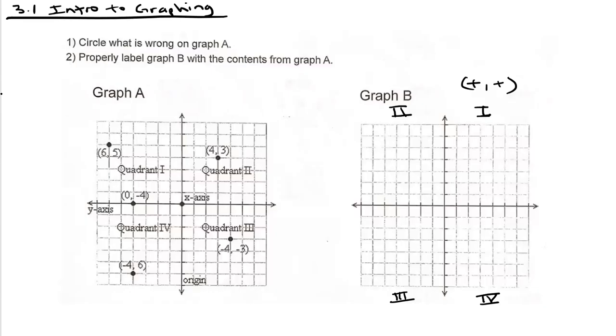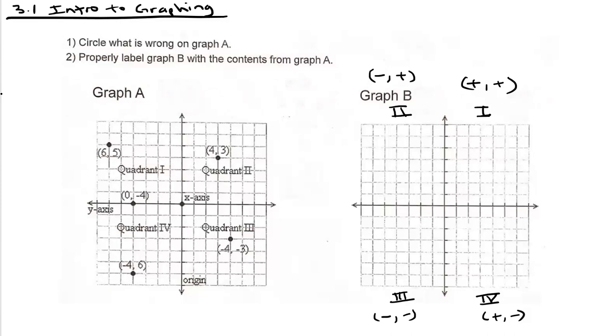What do we have for quadrant 2? Good. Negative, positive. So this is negative, positive. Good. What about quadrant 3? Both negative. Perfect. It's kind of like someone sleeping. All right, how about quadrant 4? Good. Positive, negative. Perfect.